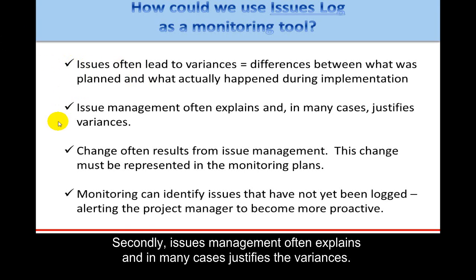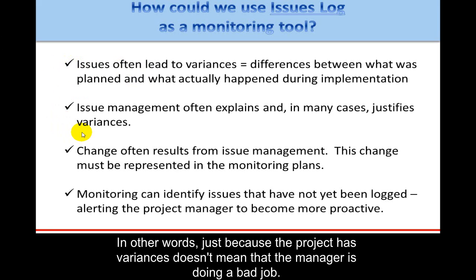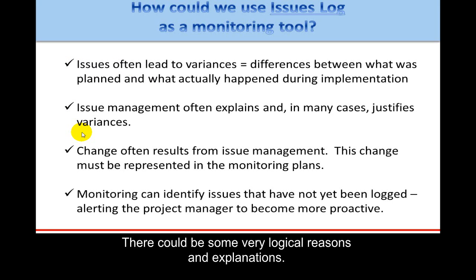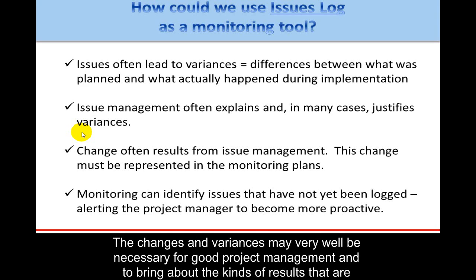Secondly, the issue management often explains and in many cases justifies the variances. So in other words, just because a project has variances doesn't mean that the manager's doing a bad job. There could be some very logical reasons and explanations, and the changes and the variances may very well be necessary for good project management and to bring about the kinds of results that are intended.